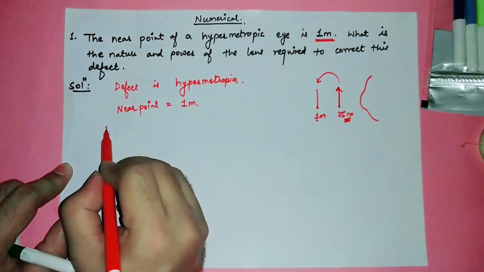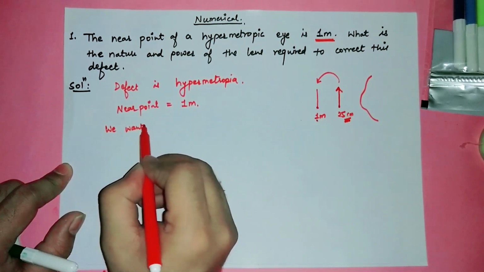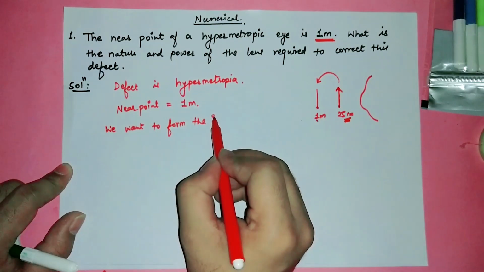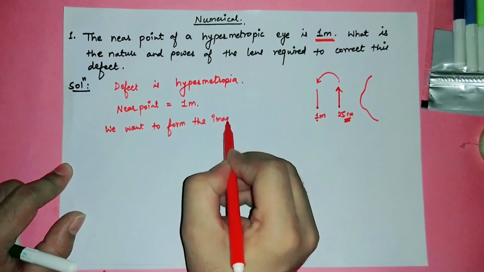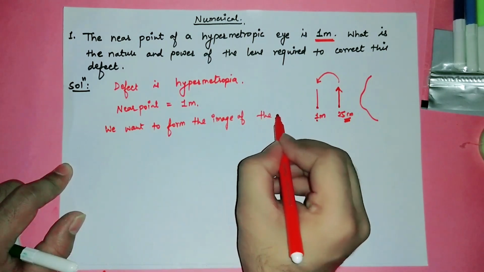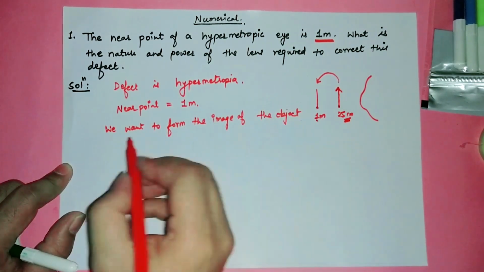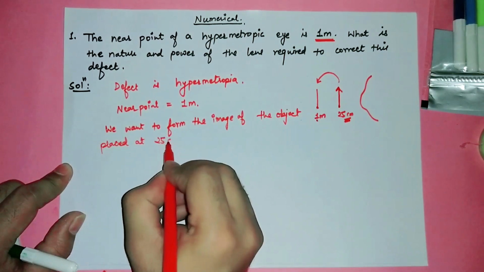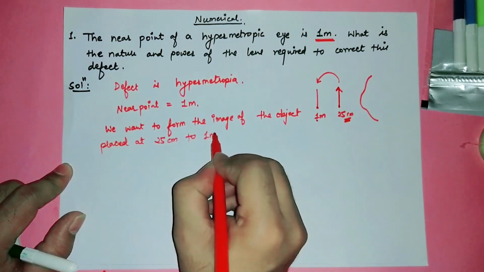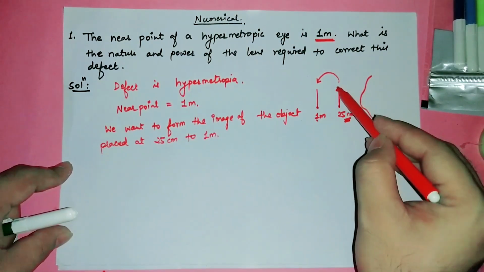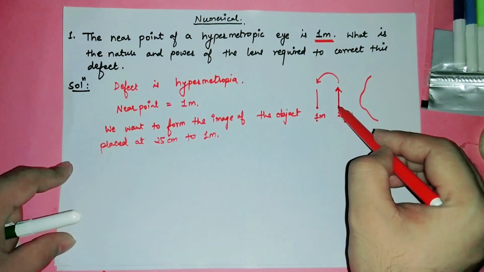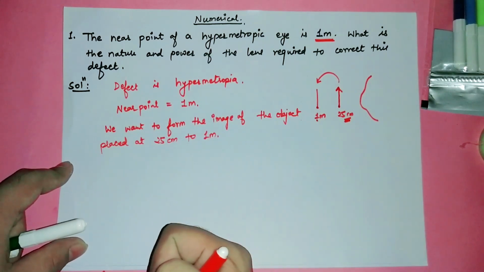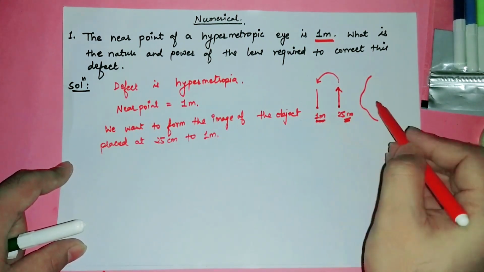So what we want is to form the image of the object placed at 25 centimeters at 1 meter, because up to 1 meter this eye can see.